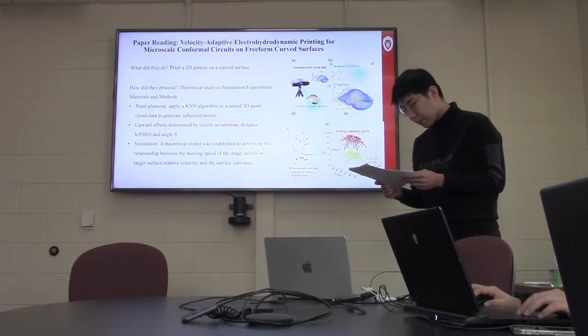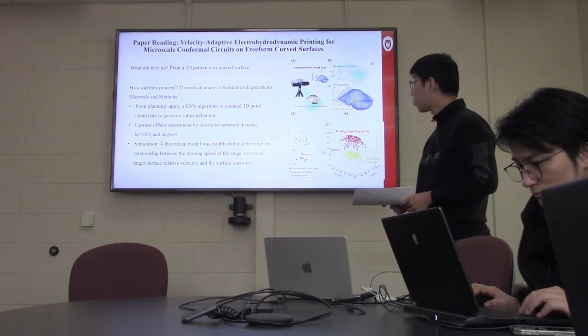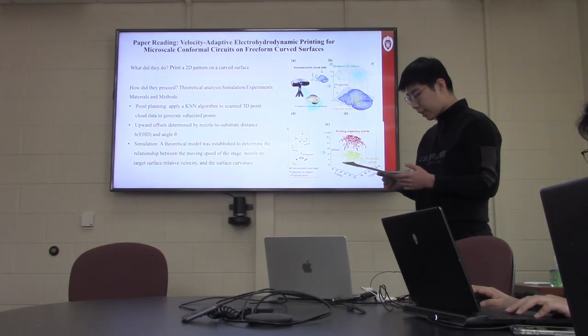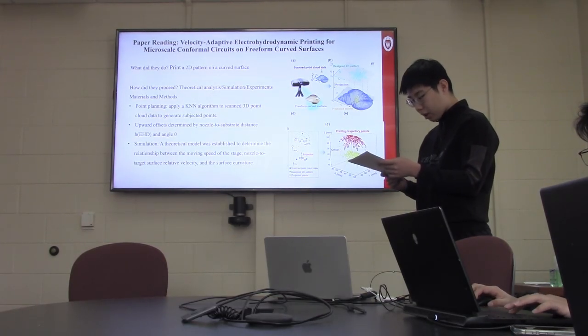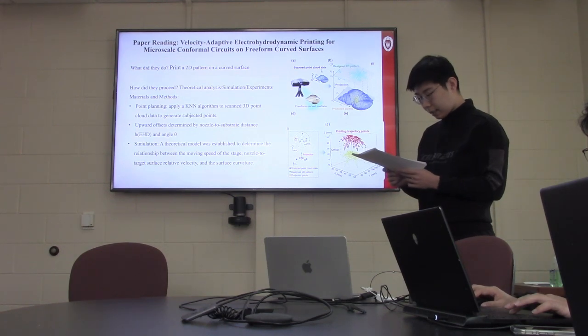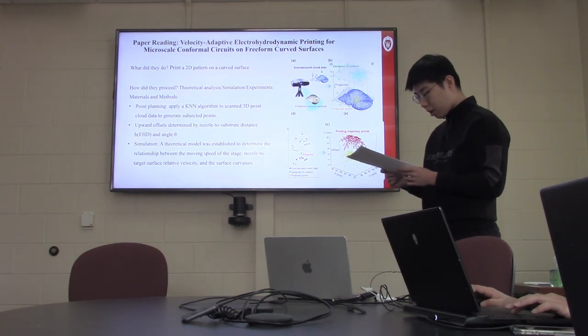At the beginning, I spent time reading a relevant research paper. This paper addressed the challenge of printing a 2D pattern onto a curved surface using HD printing and developed velocity adaptive methods to overcome it. The authors developed a point planning technique where a k-nearest neighbor algorithm is applied to calculate coordinates of printing trajectory points.